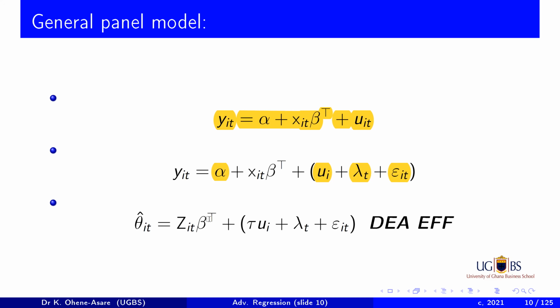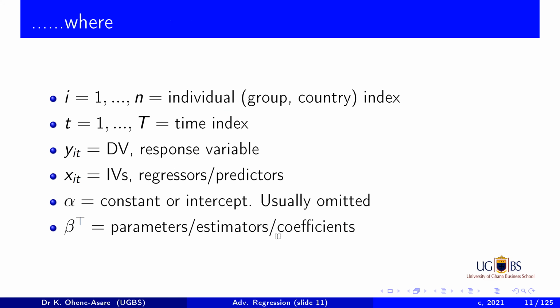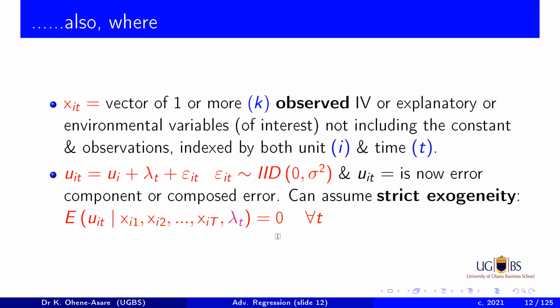And so you will have the Z variable, which we call the environmental variable. These are the independent variables. And then you have the error term, which is a composed error term made up of 4 items. All of these have been well interpreted and explained in the model.